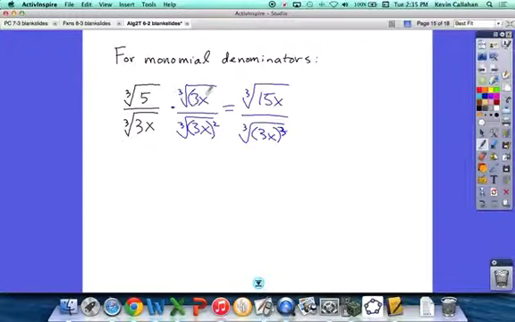Yes. And so if you do it there, then you have to do it there. And now you don't get 15x. Because this is going to be 9x squared times 5, which is 45x squared.